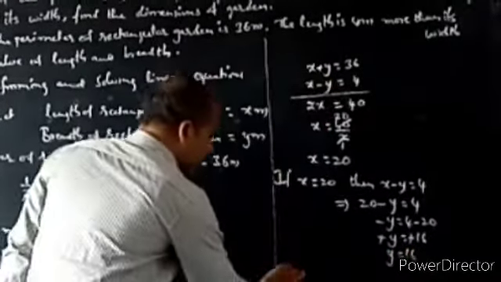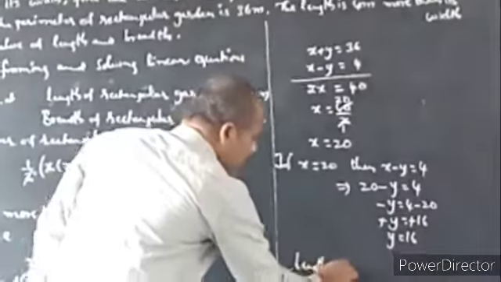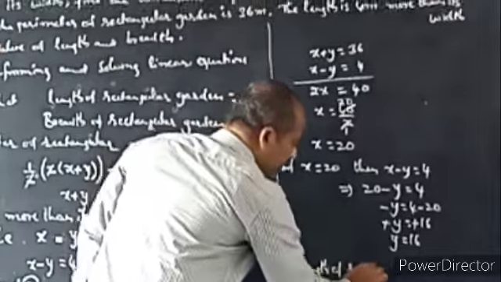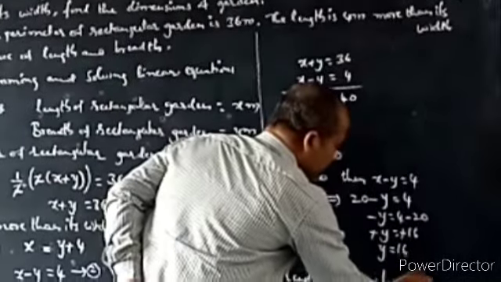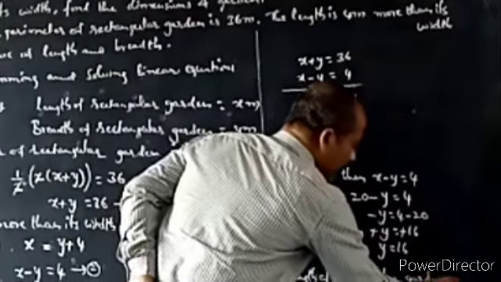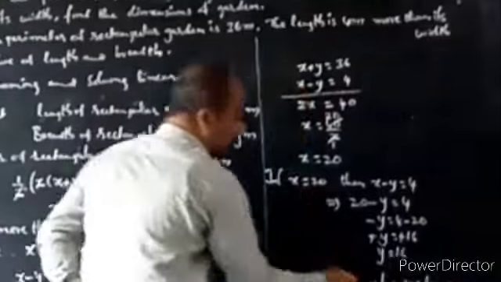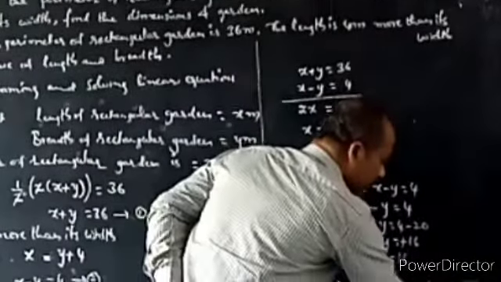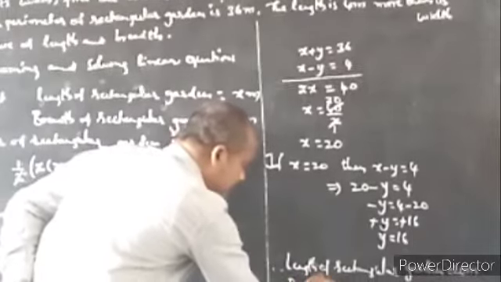Therefore, the length of the rectangular garden is 20 meters. The breadth or width of the rectangular garden is 16 meters.